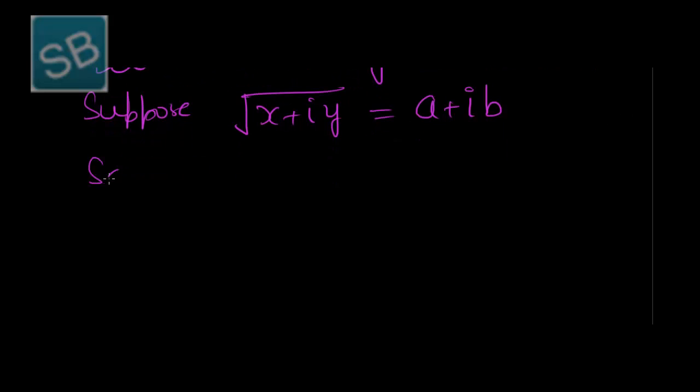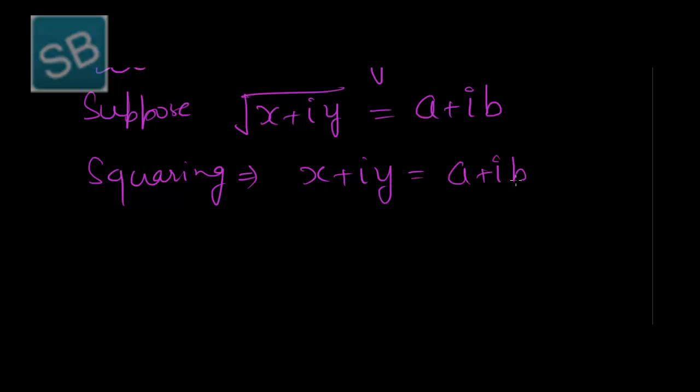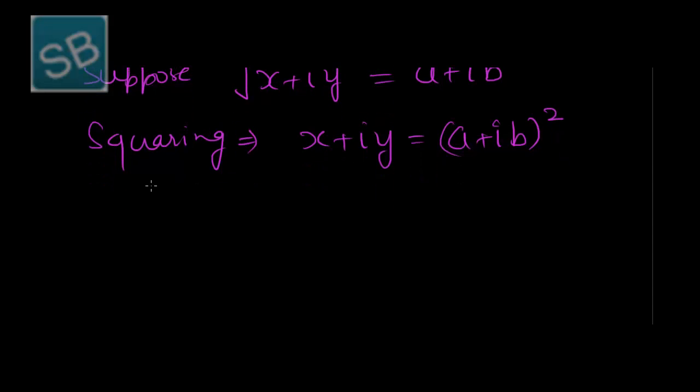So on squaring, we get x plus iota y is equal to a plus iota b whole square. This is our second step. First step is suppose under root of x plus iota y is equal to a plus iota b. Second step, on squaring we get this, and we will solve the second step.